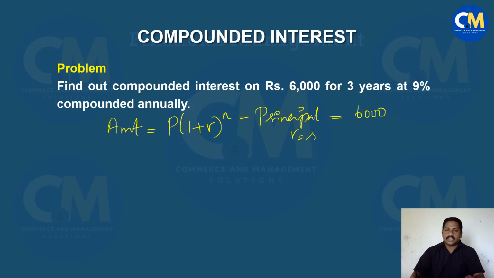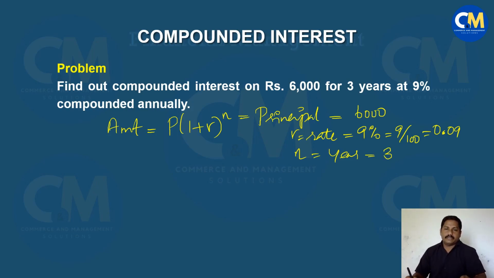R is the rate, that is 9%, meaning 9 divided by 100, which is equal to 0.09. N is the time we are calculating, that is 3.